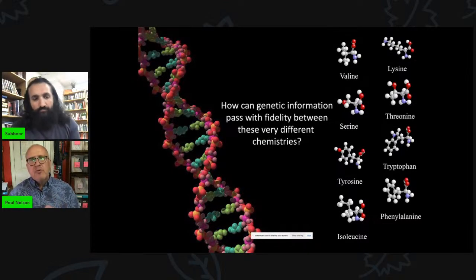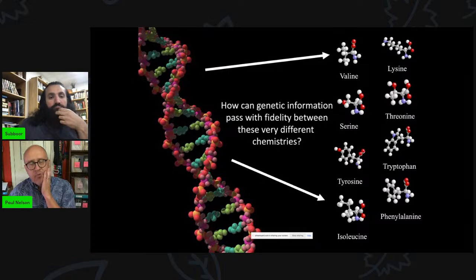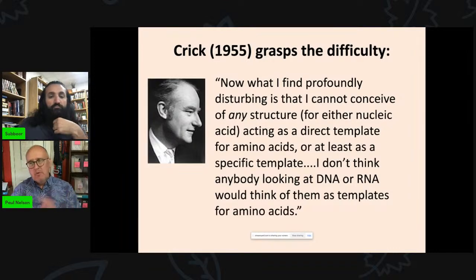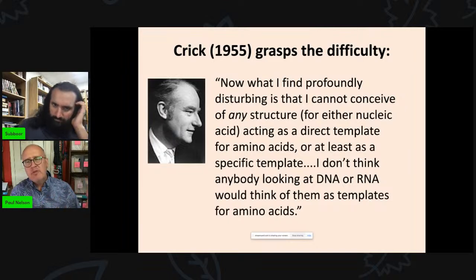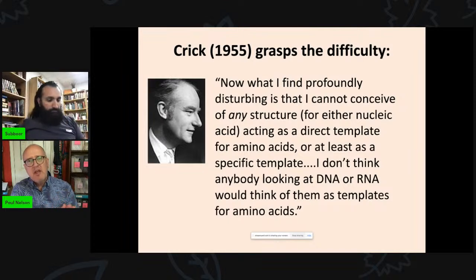So he's trying to answer this question, and he proposes this adapter hypothesis in that manuscript. How is information moving from nucleic acid to protein? In the manuscript that I recommend you look at, he begins by describing the problem. He says, if you look at DNA, and probably RNA will be the case, you wouldn't think of them as a direct template, meaning physically interacting directly from the structure of DNA to picking out particular amino acids.